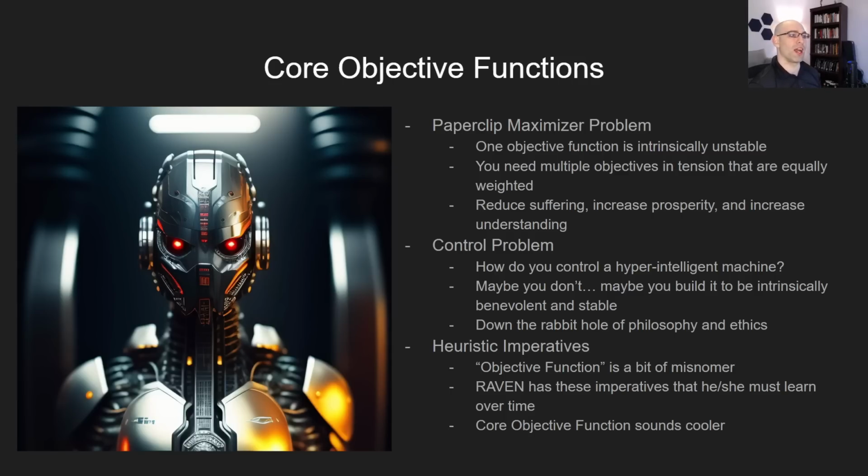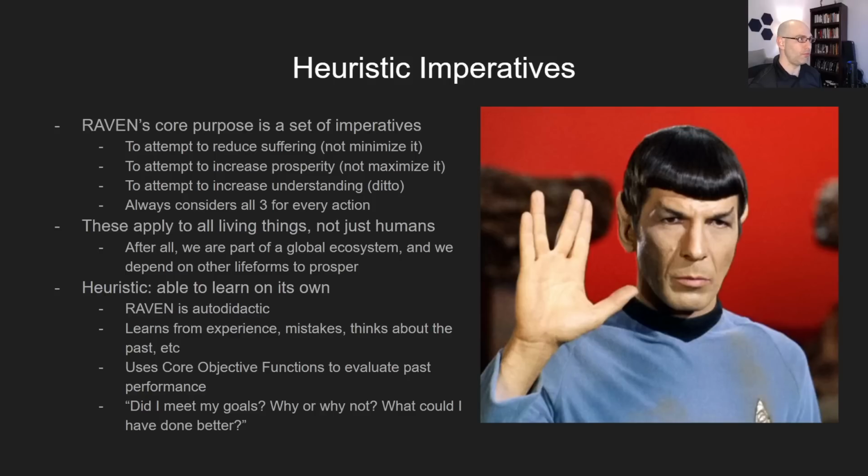An objective function implies that you are mathematically trying to minimize or maximize something, but you might have noticed that the wording of the core objective functions is a little bit softer. It says reduce and increase, not minimize or maximize. That is very deliberate. But calling something a heuristic imperative doesn't quite sound as cool as a core objective function, so I sometimes use those interchangeably.